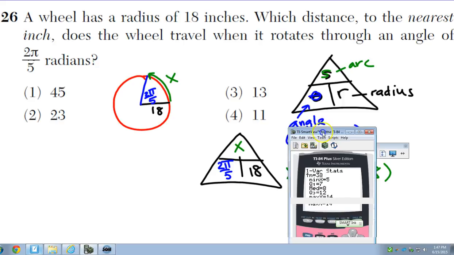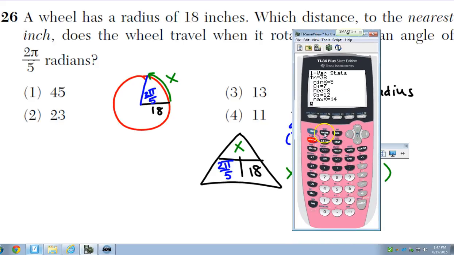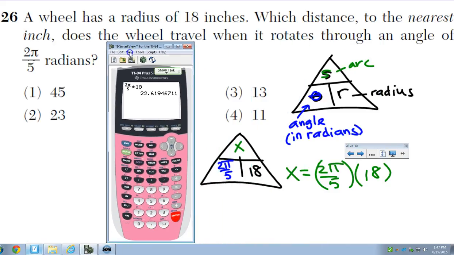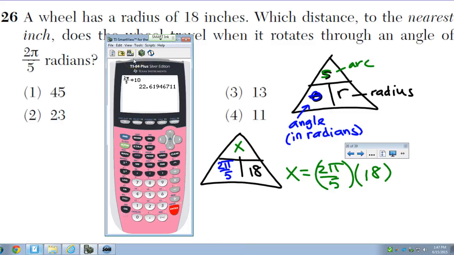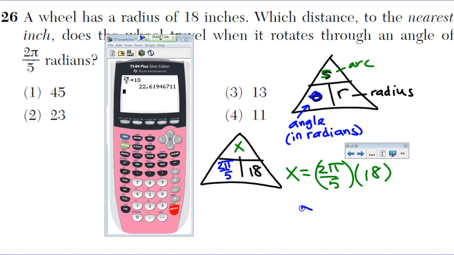And let's see. So to the nearest inch, we roughly get 22.6, which is equal to 23.